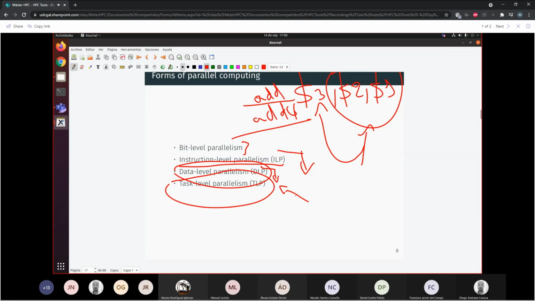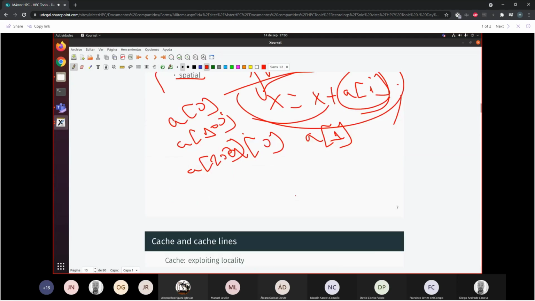For instance, you have a loop, and you want the first 100 elements of A to be processed by one task, the next values by another task, and so on. So you are doing task level parallelism because you are creating different tasks to do different parts of the job, but at the same time you are doing data level parallelism.